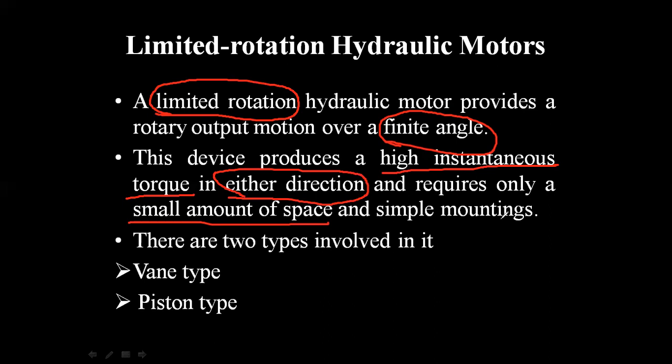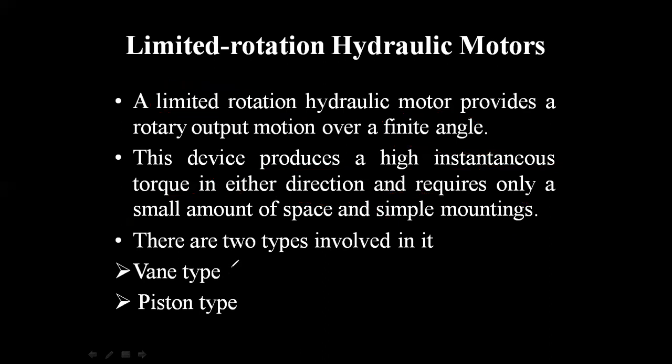The limited rotation motor requires small space and simple mountings, whereas a continuous rotary hydraulic motor involves complicated designs, mountings and cushionings. Limited rotation hydraulic motors are further classified into vane type and piston type. Now we can see one by one what the vane type and piston type are.